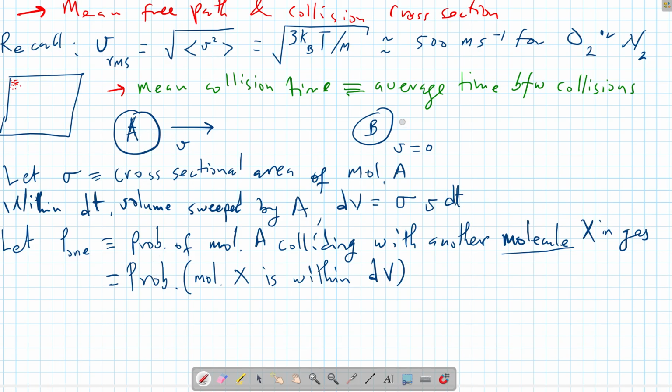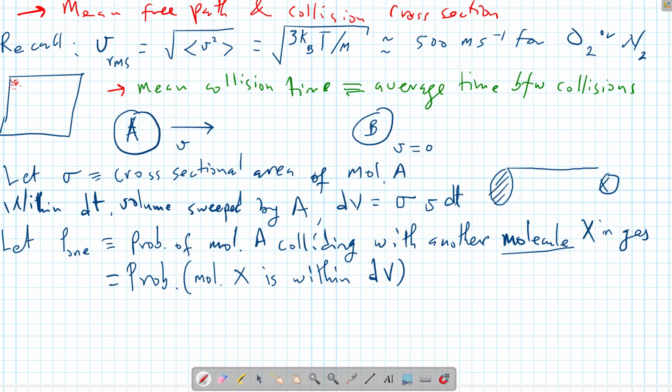Collision is going to happen, okay, whenever let's say molecule X is found somehow within the volume.